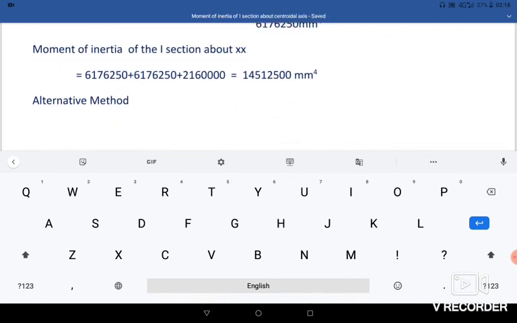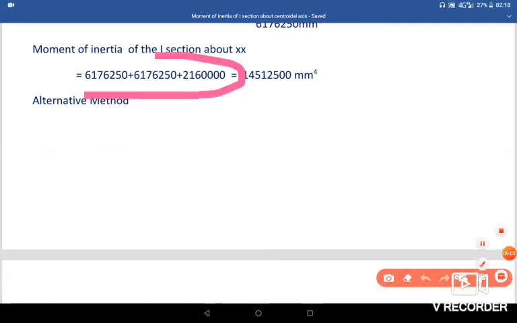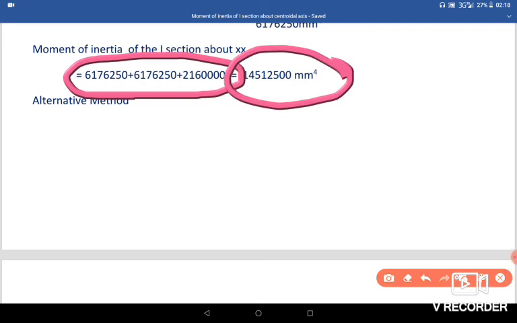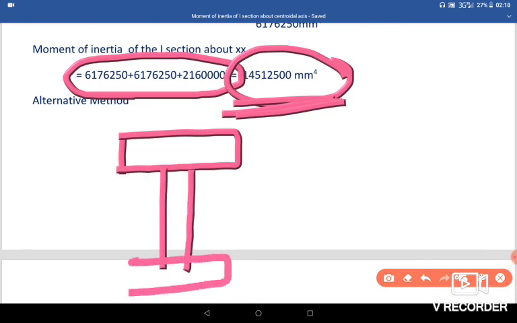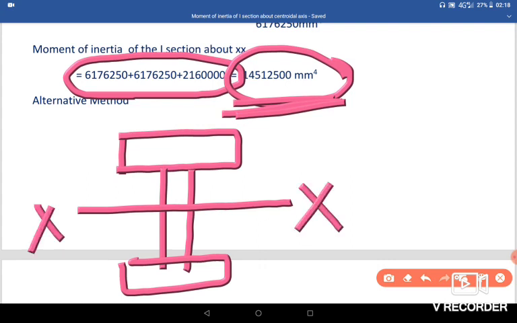I have added these three values, and after adding I am getting this value. So this is the value of the moment of inertia of the composite I section about its centroidal axis, with the dimensions given in the figure. Thank you for watching this video.